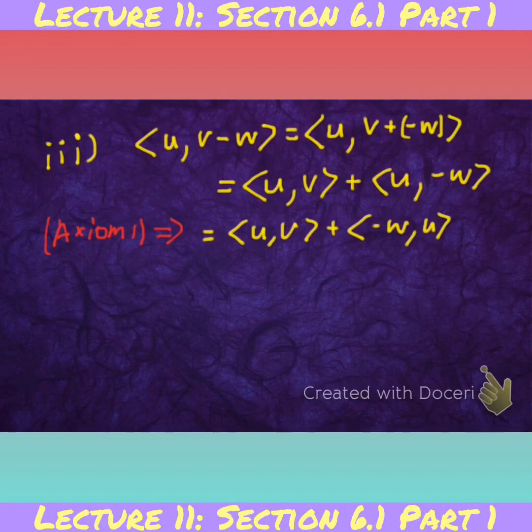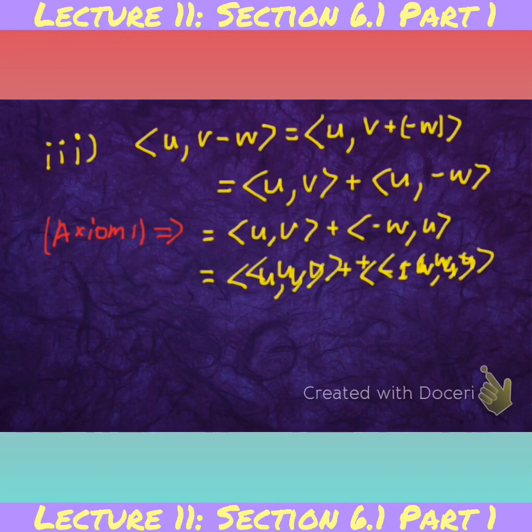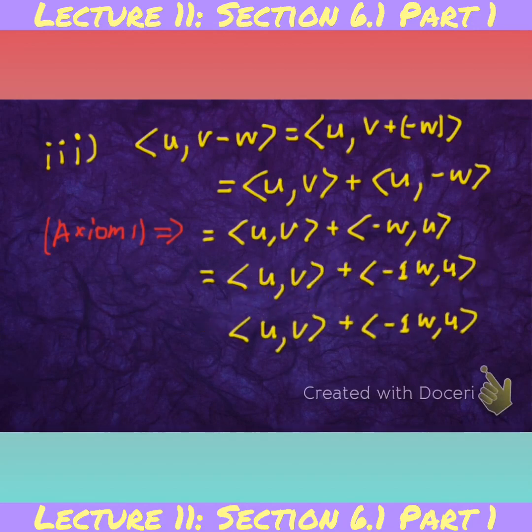Okay, and from there we can then say that the inner product of u with v plus the inner product of minus 1 times w with u, and again, what can we write that as? You can write that as that, and what you can do now is you can apply the third axiom.